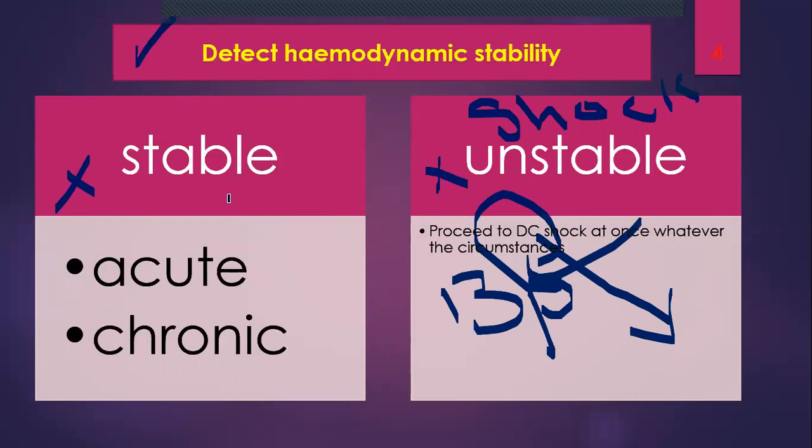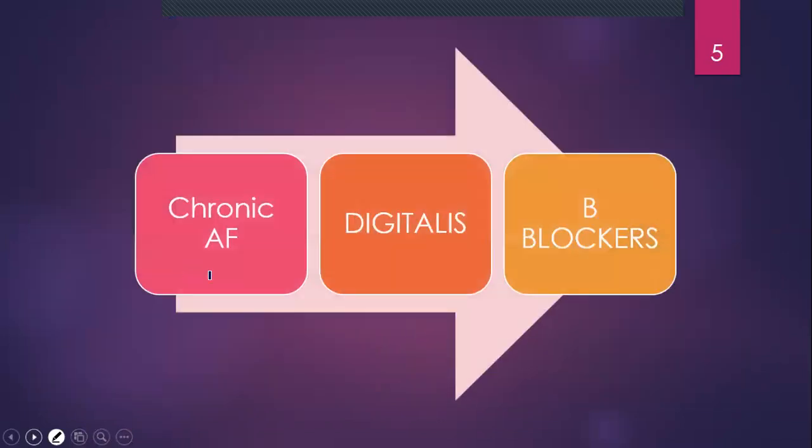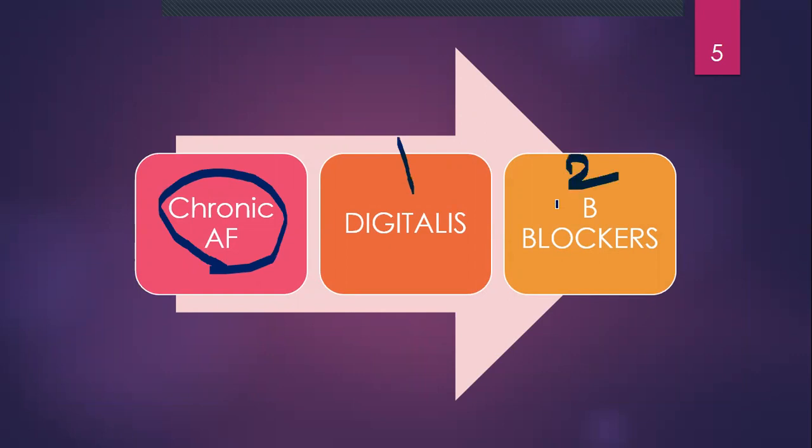Okay? And the stable patient, his blood pressure is normal. So we will subdivide into acute and chronic. Next. The chronic AF will be treated by one and two. One is digitalis for stabilization of the heart rhythm.